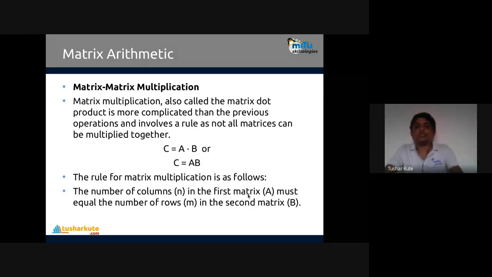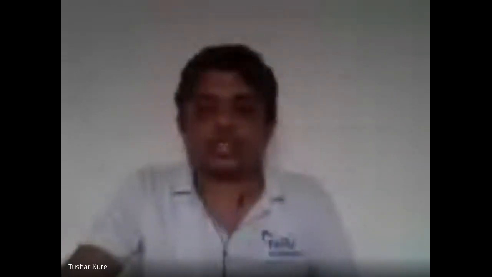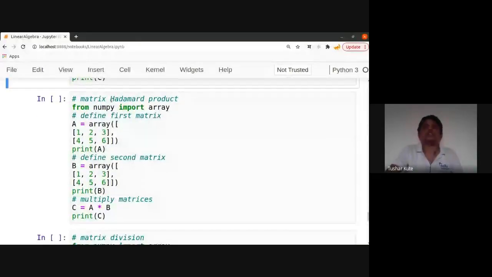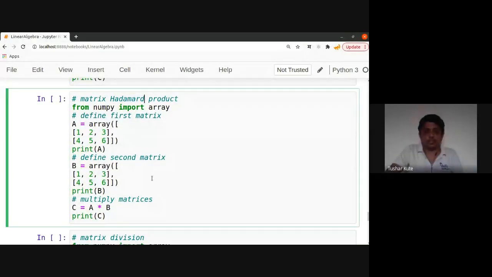And now, the actual matrix multiplication. But before that, let's see how exactly it is done through Python. Three different operations we have seen: subtraction, multiplication, and division. Here also multiplication is something different that we can check out. This is the Hadamard product, written as Hadamard product here.